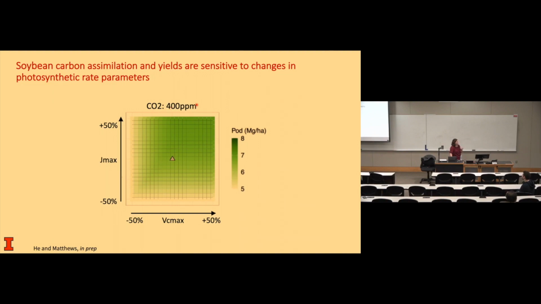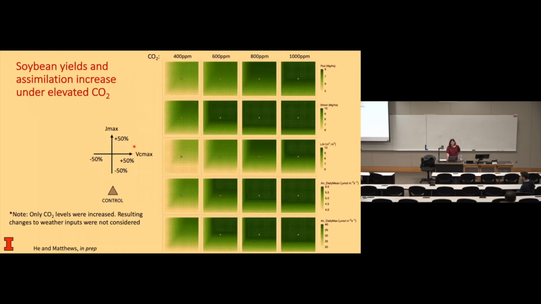This shows it under atmospheric CO2 levels of about 400 parts per million. I think today we're around 415. The summer it got up to around 420, so it's a little bit lower, but approximately where we are at ambient today. As we increase these two rates, we do see an increase in our pod biomass, which is related to the yield, shown here. And as we decrease them, we also see a decrease.